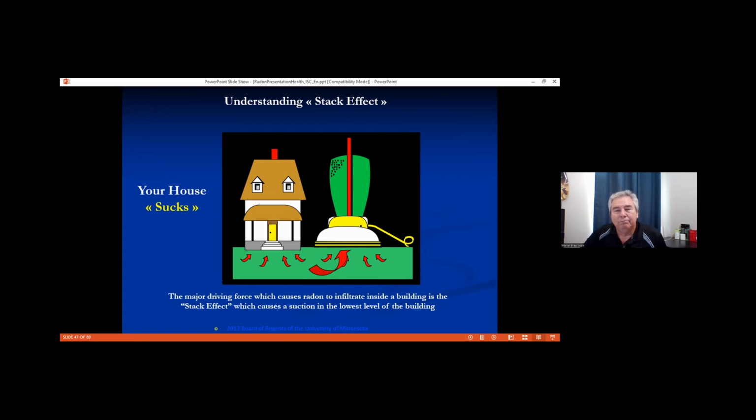When he's done his work, normally that's not sealed back up. So now you have another big hole where the radon can infiltrate into the basement of your home. If you have any cracks in your concrete floor slab, it's simply another area where the radon can get sucked into the basement of your home with this stack effect. So there's actually a lot of places where the radon can infiltrate into your home.